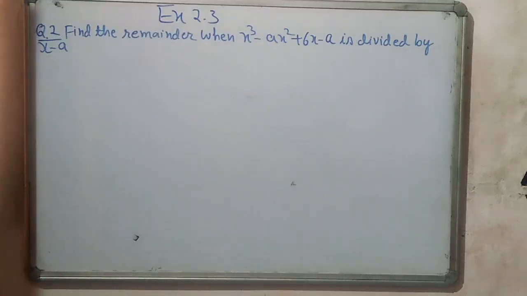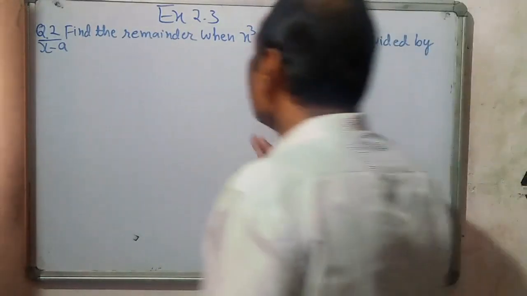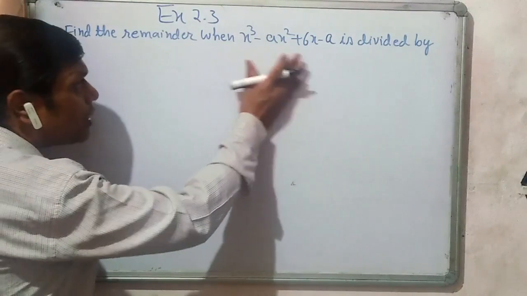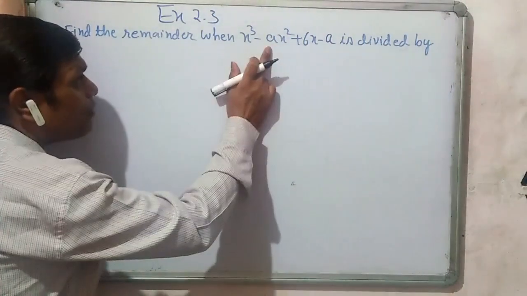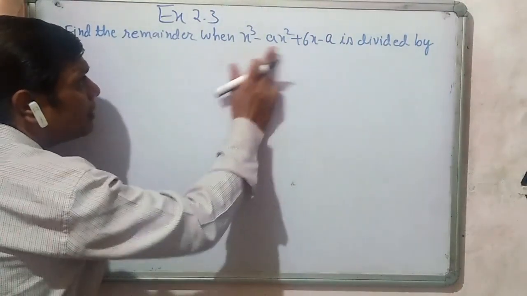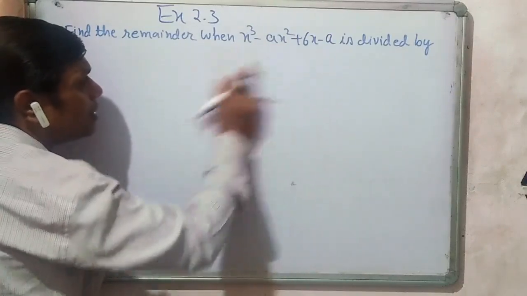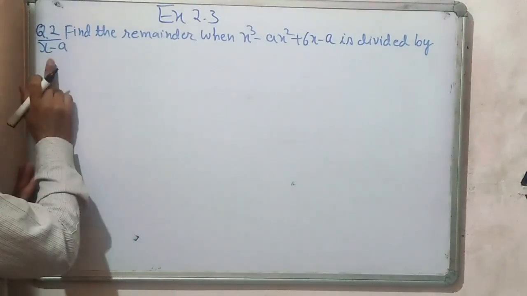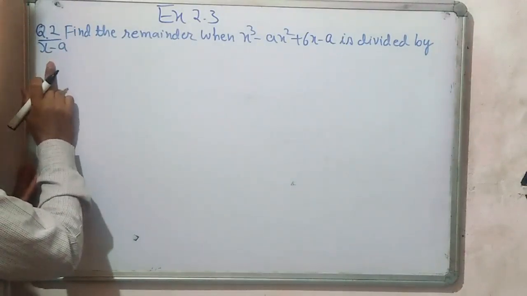Dear students, the second question in the exercise is: find the remainder when x cube minus ax square plus 6x minus a is divided by x minus a. Now we are not having the coefficients as constant terms. We can divide it both ways.